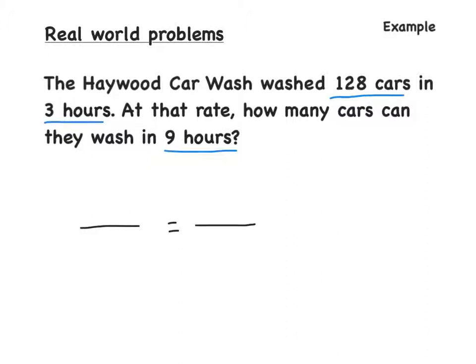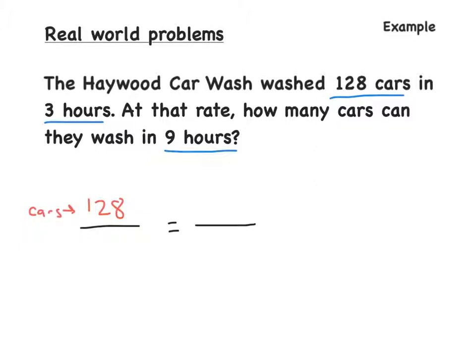This first ratio that I want to put all of the information together that pertains to the Haywood car wash. So if we have 128 cars in 3 hours, I could put 128, because these are the cars, are all going to be in the numerator.